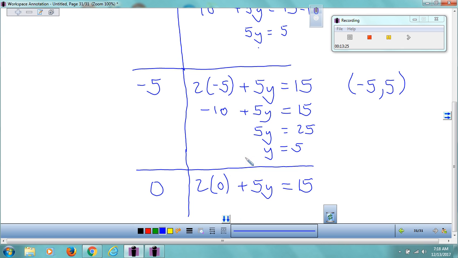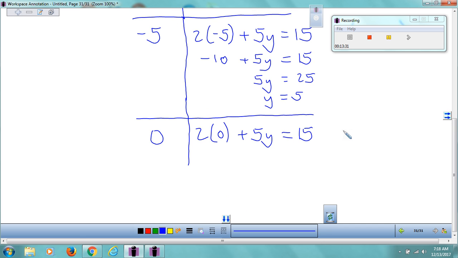This just goes away. So 2 times 0 is 0. 0 plus 5y is 5y. Now, is 15 a number that's divisible by 5? Yes, it is. And so how many times is 5 divided into 15? The answer is 3.